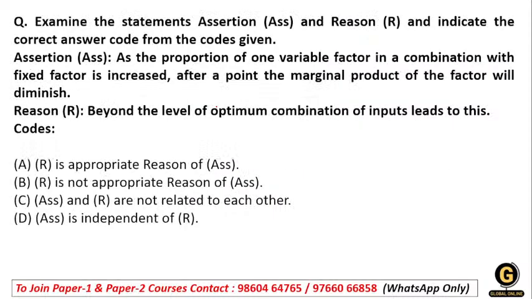Now the next one is assertion and reason again. As the proportion of one variable factor in combination with the fixed factor is increased, after a point the marginal product of the factor will be diminishing.